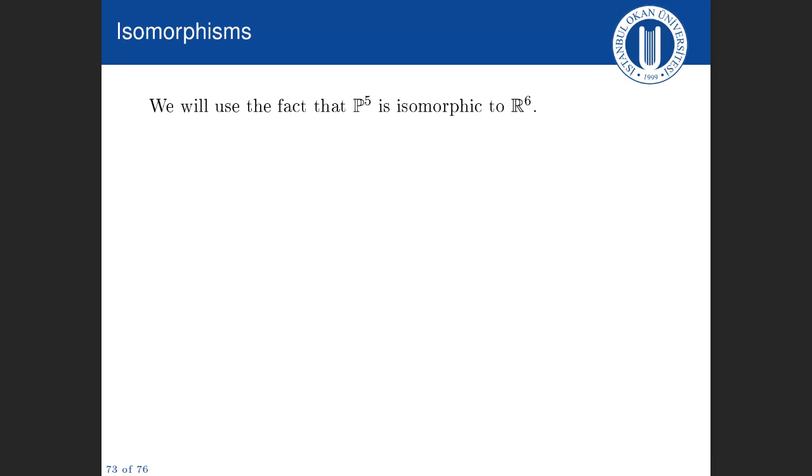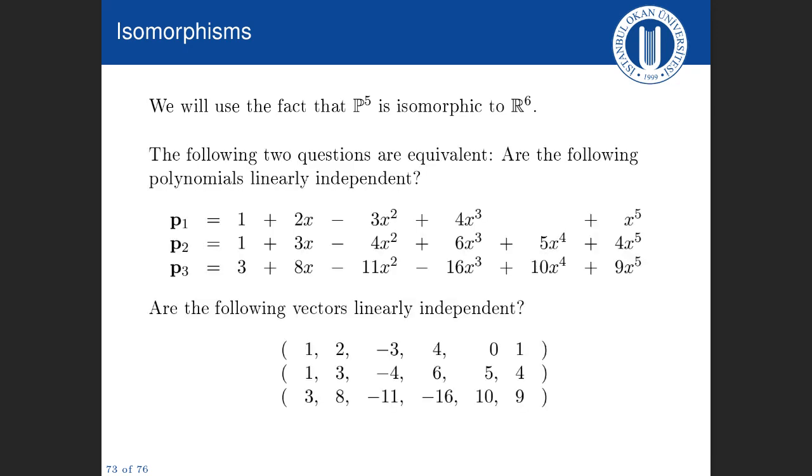Instead of thinking about polynomials of degree 5 or less, we can think about vectors in R6. The following two questions are equivalent. Are these three polynomials linearly independent? Is the same as asking, are these three vectors linearly independent?